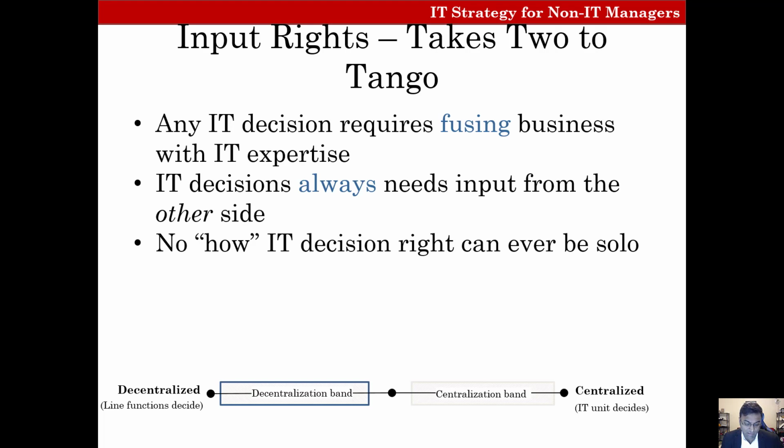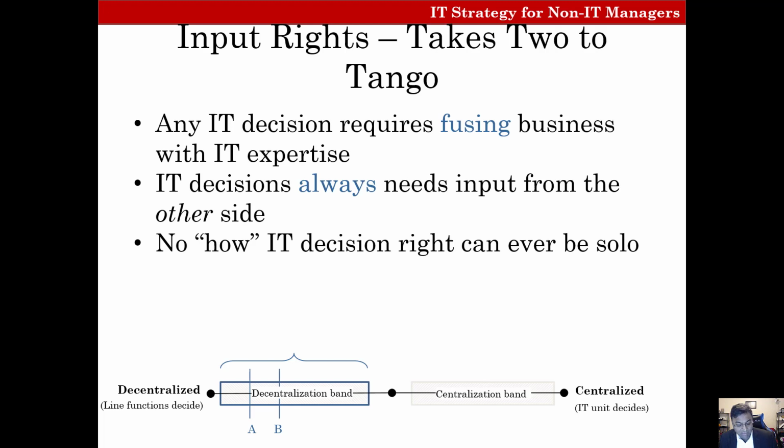Where within the chosen band do you locate your IT decisions requires understanding of the notion of input rights. Any decisions about what IT should accomplish always needs inputs from the other side, no matter how you choose to govern them. Consider decentralization band, which means the line functions rather than IT units will be assigned the IT decisions. Now, IT unit does not simply disappear. Any IT decision requires a fusion of business and IT expertise.